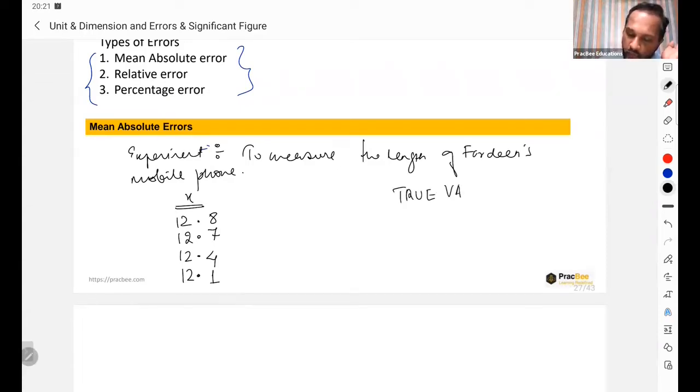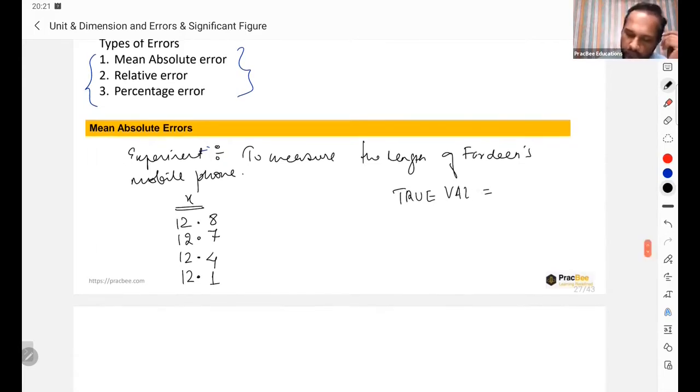So now we define true value. What is the actual length of your mobile phone? True value means the actual length of your mobile phone. This is the length measured by you, but we want the true value, because only when we get the true value can we say what the error in your measurement is.